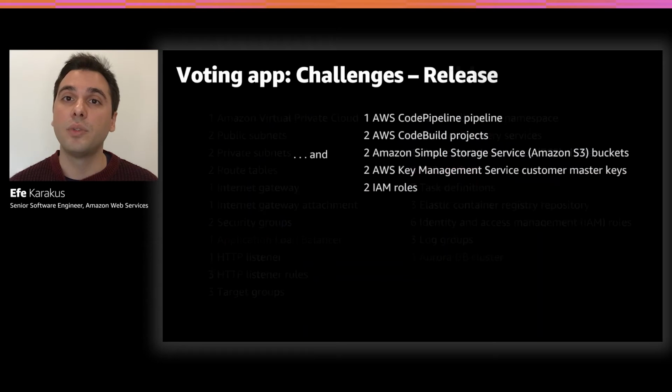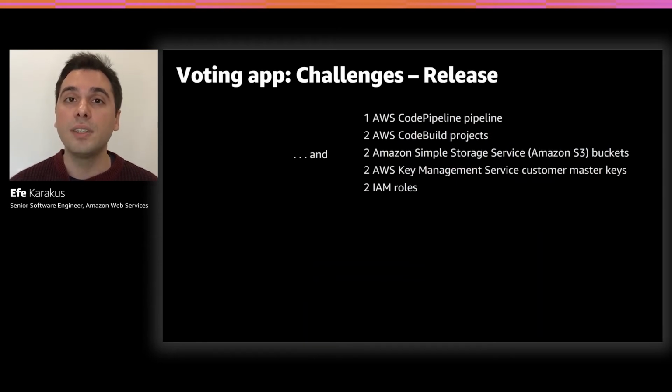The next challenge that we need to solve as application developers is around releasing our services, right? So right now we talked about these 42 different resources that are in a single environment, a test environment. But if suddenly I had to create a production environment, then I would need to duplicate all these resources. So I go from managing 43 different resources to 86 different resources.